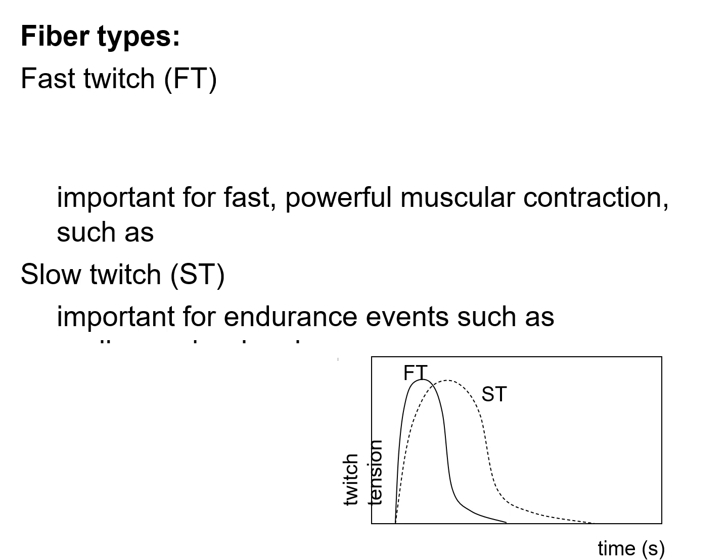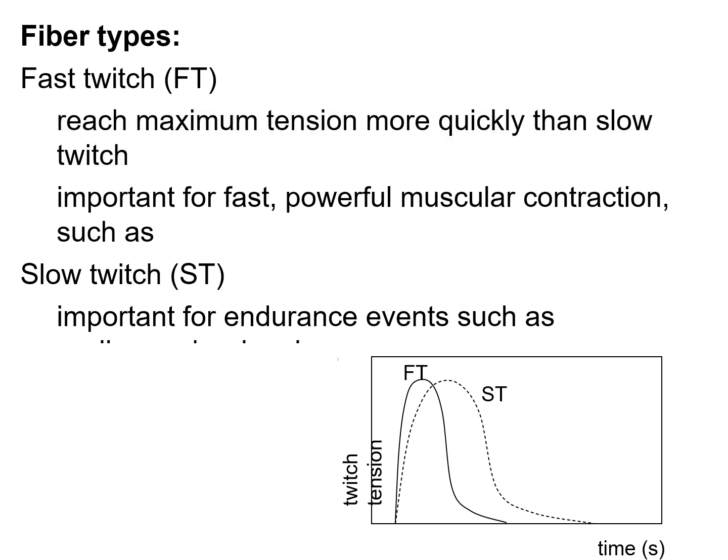They might also be called white muscle fibers because they don't require oxygen, so they don't have as much circulation as the slow twitch muscle fibers. But the fast twitch muscle fibers are important for fast, powerful contractions. Okay, they reach a maximum tension more quickly than the slow twitch muscle fibers. And so they're used a lot during sprinting, jumping, anything that really requires quick, powerful contractions.